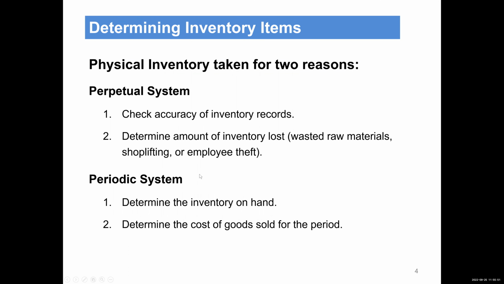So under the periodic system, we determine the cost of goods sold after taking an inventory count. Remember that formula: beginning inventory plus purchases equals amount available, minus ending inventory is cost of goods sold. So in the periodic system, that's how we determine our cost of goods sold.